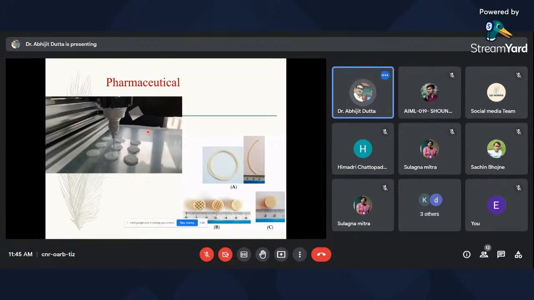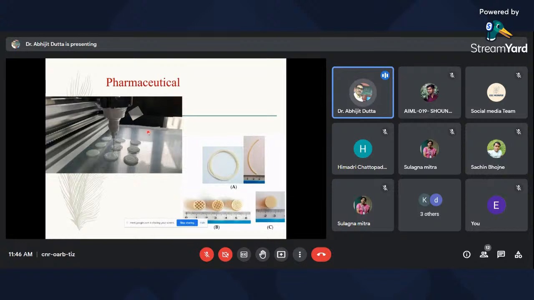So the AI-based drug recommendation system is very accurate. It will help to detect a particular disease, and at the same time it will help to recommend a particular drug with a particular amount.